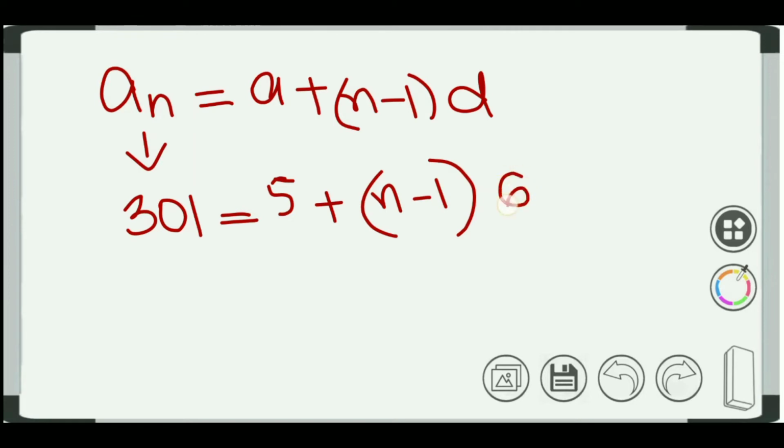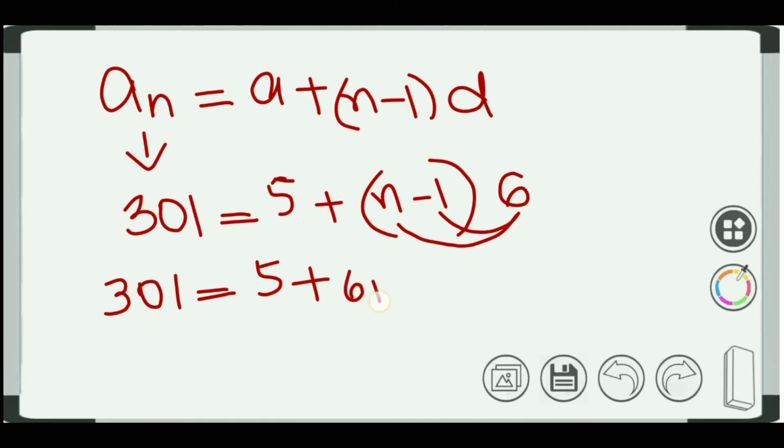d is 6. Okay. Now 301 equal to 5 plus, I am giving this 6 to both n and minus 1. 6 into n, 6n. 6 into minus 1, minus 6. Equal to 5. See, 5 minus 6, what is 5 minus 6?